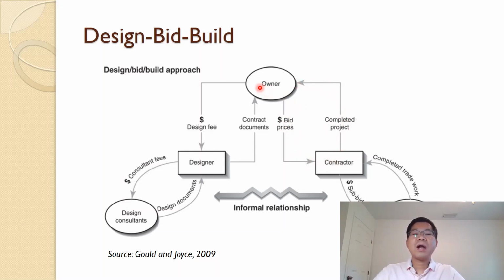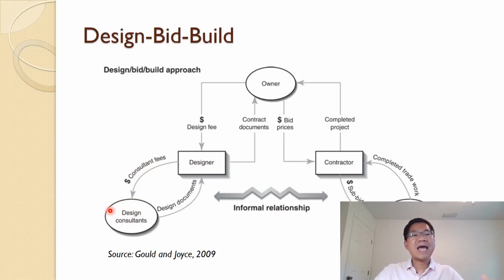So there are two contracts: one from the owner with the designer, and one from the owner with the contractor. The designer and contractor have separate identities, so they have only an informal relationship, no contractual relationship between designer and contractor. The designer can sign a contract with a consultant if they don't have the expertise.